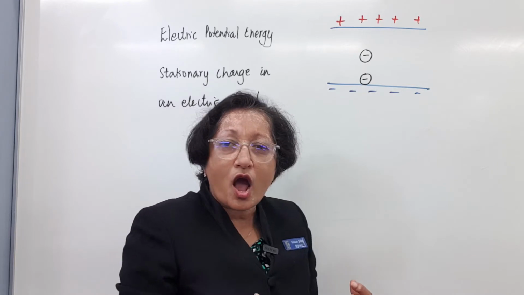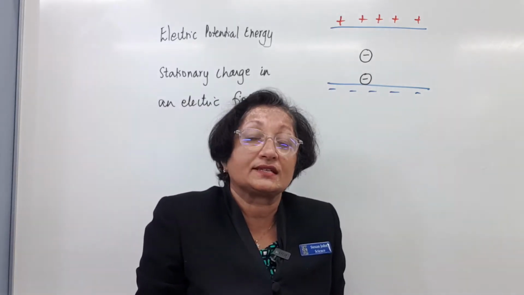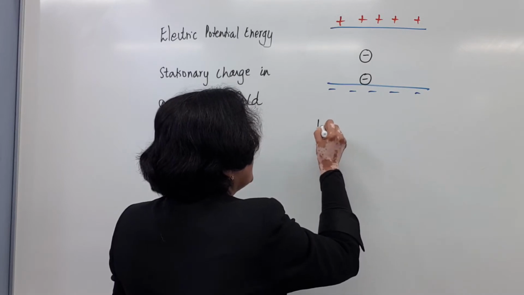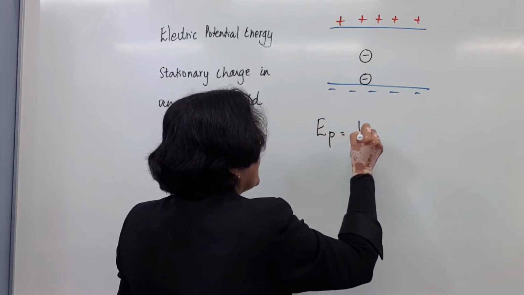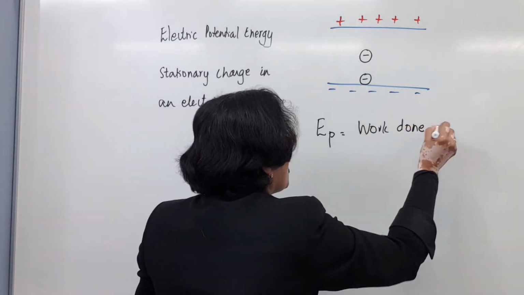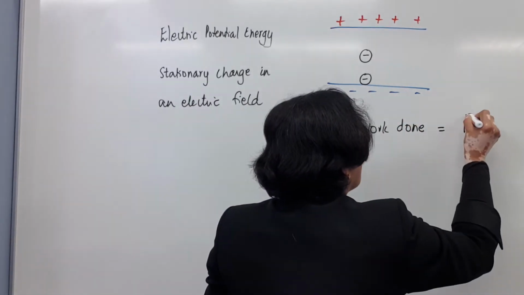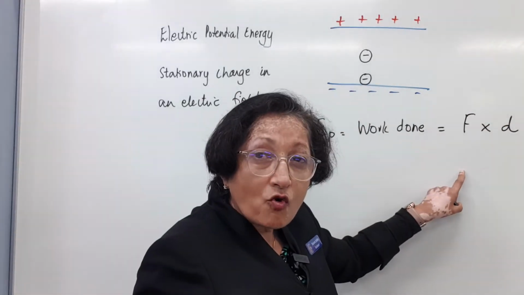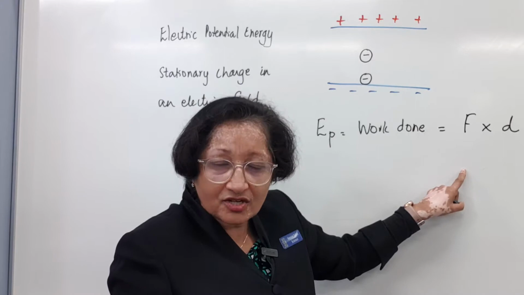So how do you know how much electric potential energy has been gained? Whenever energy is changed from one form to the other, work is done. So that's the work done in holding a charge there. And work is equal to force times distance. Now, what sort of a force is this? This is an electric force.